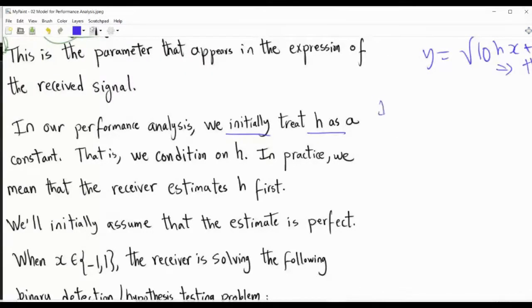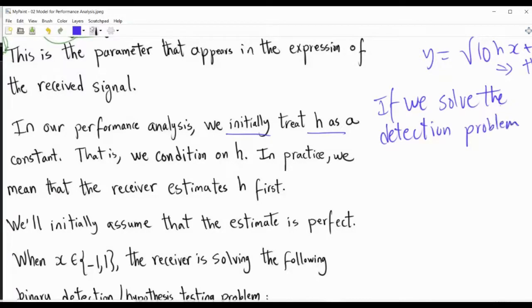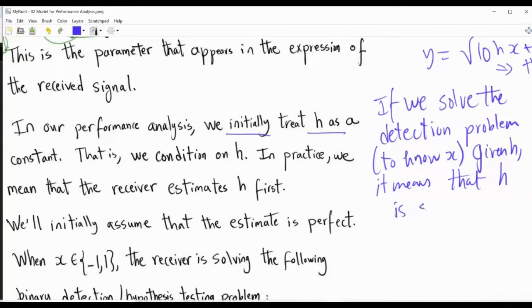If we solve the detection problem to know X given H, it means that H is some known number. So you know H, it's known.